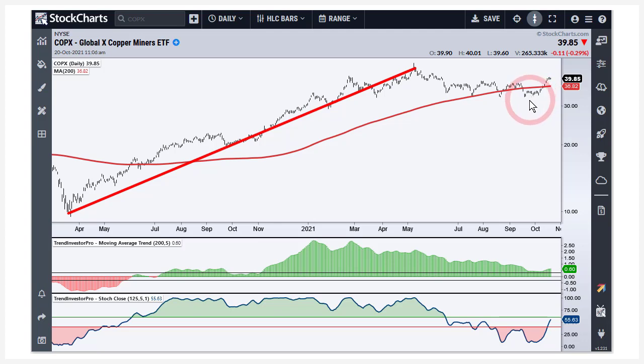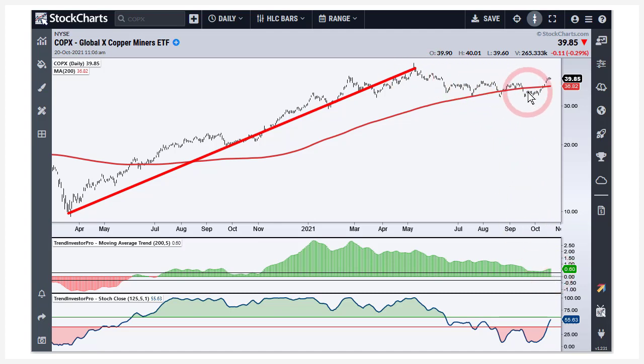Now, as far as the overall big trend is concerned, you can see the 200-day is still rising, and we can quantify that here with that first indicator window. That is the 5-day rate of change of the 200-day moving average. And so when it's green, that moving average is rising, and you can see it's rising sharply into early 2021, and then the rise is slowing, but it's still rising here in October 2021.